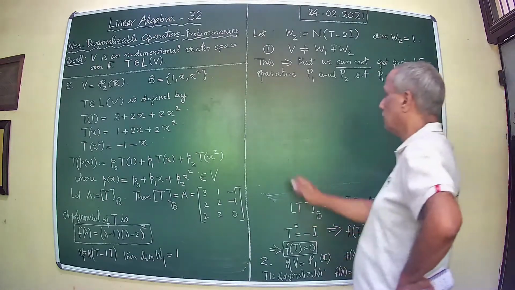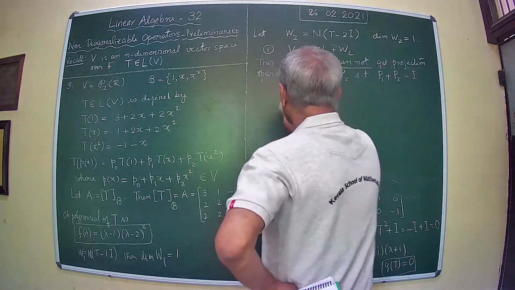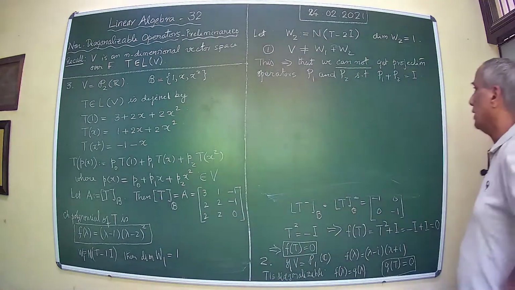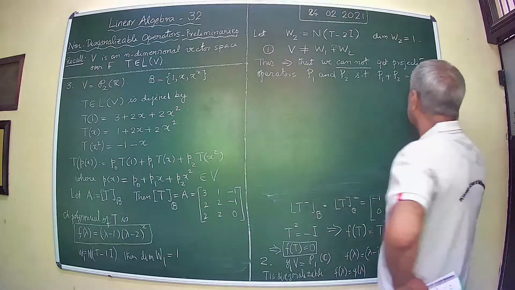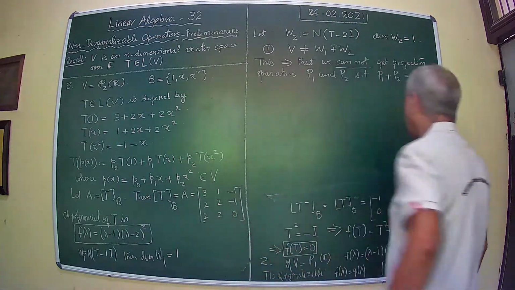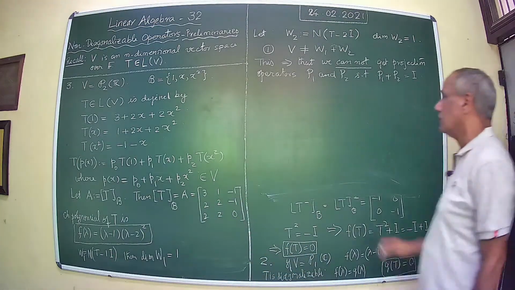So if you proceed as we did in the spectral theorem, define P1 and P2, then this fails to be equal to I.